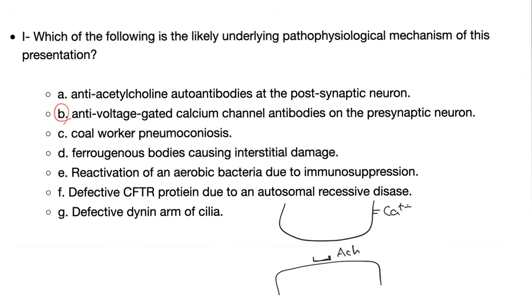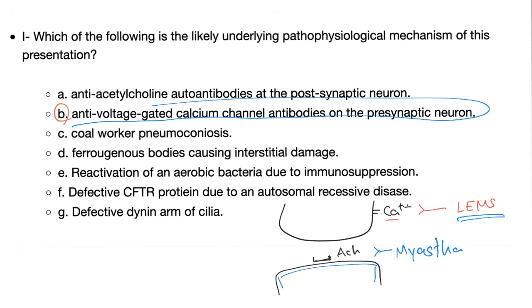If there is a problem or antibodies against the calcium channel, this is Lambert-Eaton myasthenic syndrome. If there are antibodies against the acetylcholine receptor at the neuromuscular junction, this is going to be myasthenia gravis. Since this is Lambert-Eaton myasthenic syndrome, it's going to be anti-voltage gated calcium channel on the presynaptic neurons.